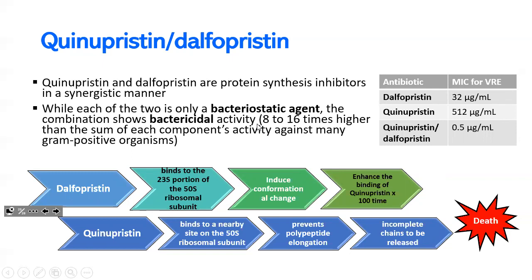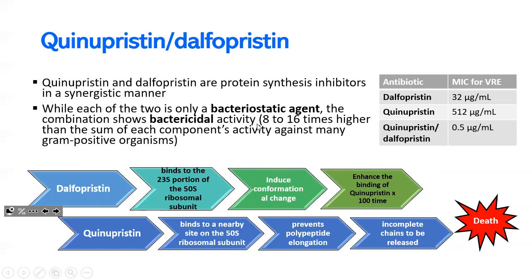Let's take VRE, vancomycin-resistant enterococci. The MIC of the VRE for dalfopristin, for example, is 32. For quinupristin, it's 500. That's very high resistance. If we combine both agents, the MIC drops to 0.5 microgram per ml. That's how the synergistic effect shows.